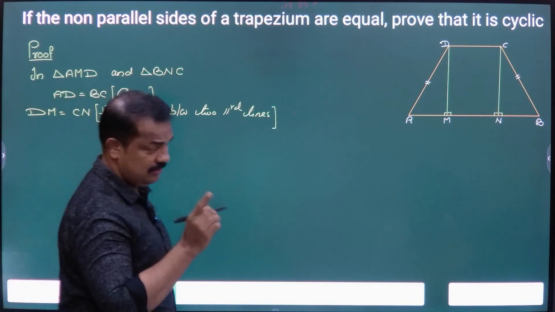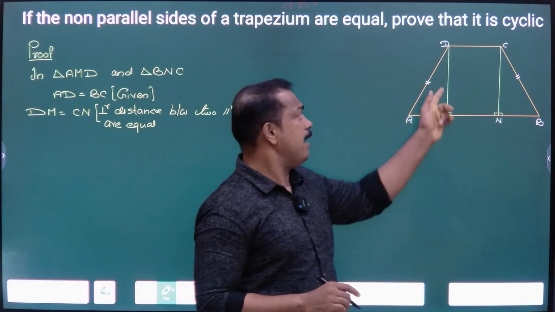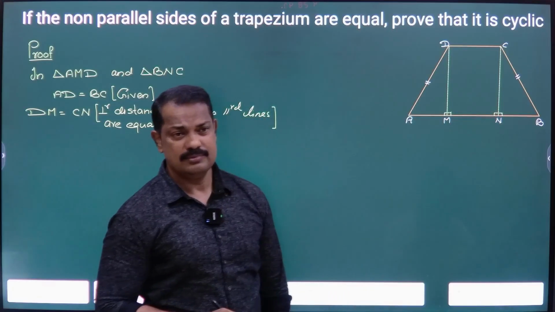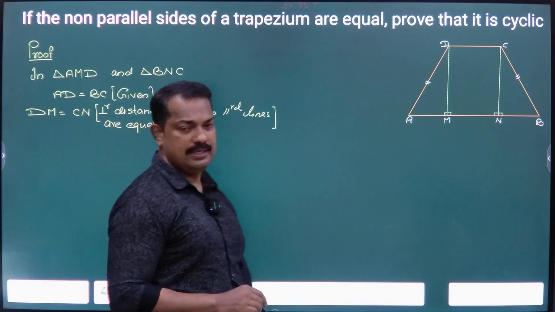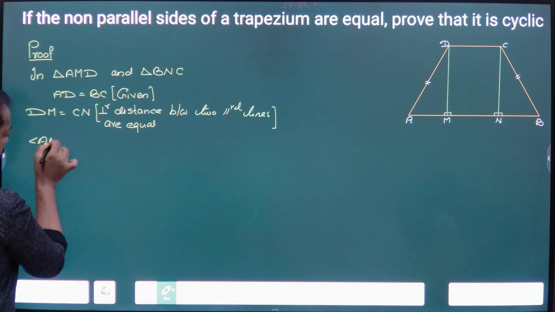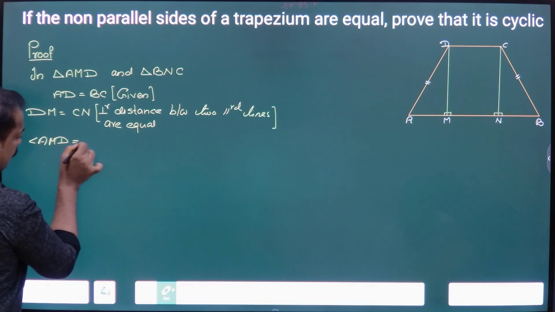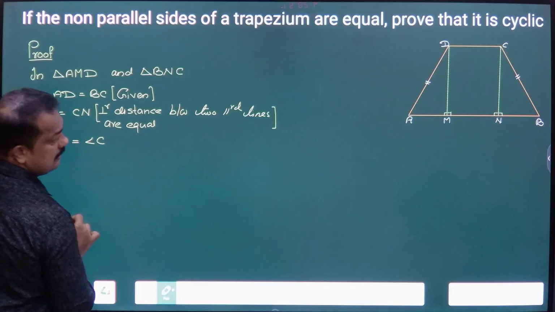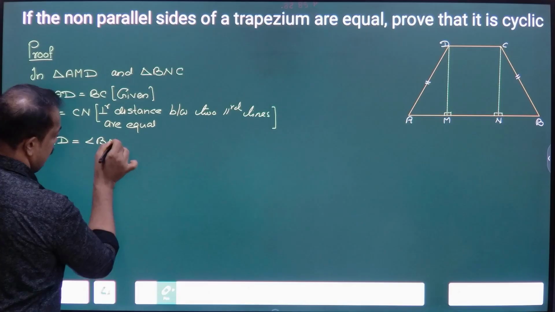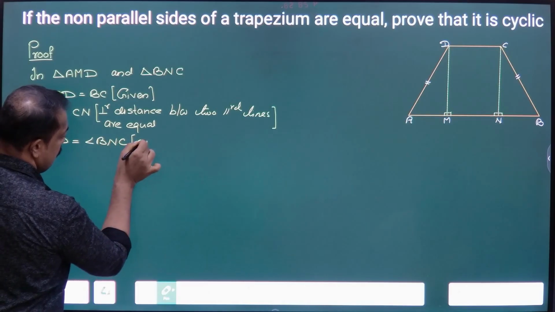Third part, angle AMD is equal to angle BNC. Reason: each is equal to 90 degrees.